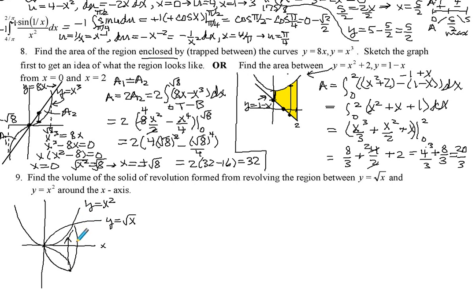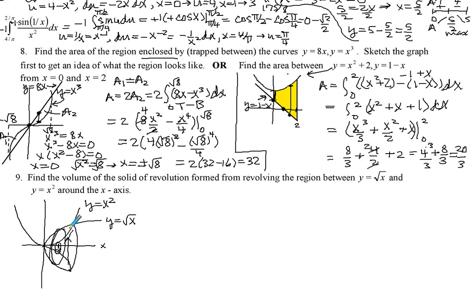So remember what you do is here we're either using discs or washers, and you pick a general x here and then sketch what a general washer would look like. Look like that. So here you've got an outer radius and an inner radius.